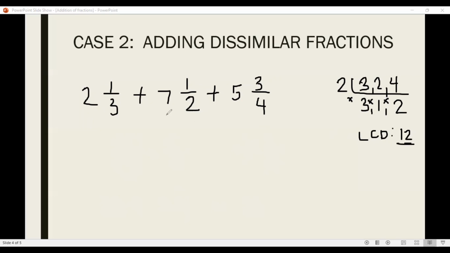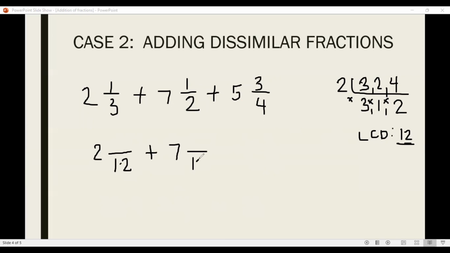Next step is to rename. Okay, so we can see that all these 3 do not have 12 as a denominator, which means that all of these numbers will have to be renamed. Okay, so we can now write 2, those whole numbers will have to be retained, and then it's just proper that you will write now 12 as the common denominator, because that is our main aim now.